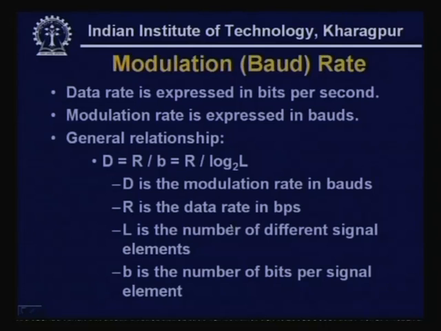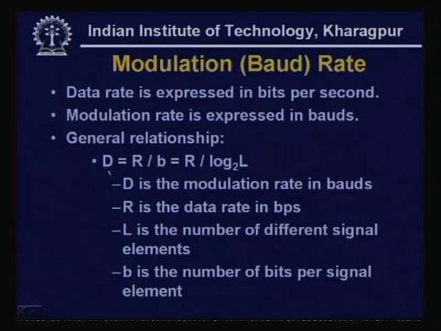So, before we compare the various techniques that we have discussed in this lecture, one important parameter I have already mentioned has to be taken into consideration, that is the data rate, and another is the modulation rate. Modulation rate is expressed in terms of baud, and data rate, as you know, is expressed in terms of bits per second. Now, what is the relationship?